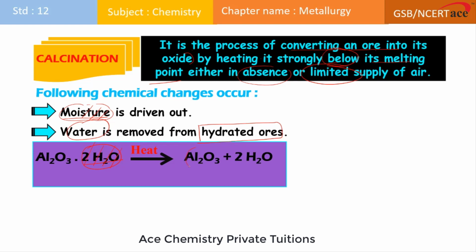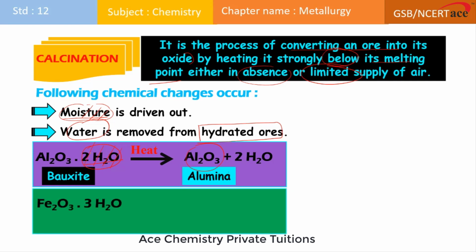This anhydrous substance Al2O3 we refer to as alumina, and this alumina is obtained from the naturally occurring mineral of aluminium, which is called bauxite. So bauxite can be converted to alumina by the process of calcination. Here the purpose of doing calcination is only to remove this moisture.